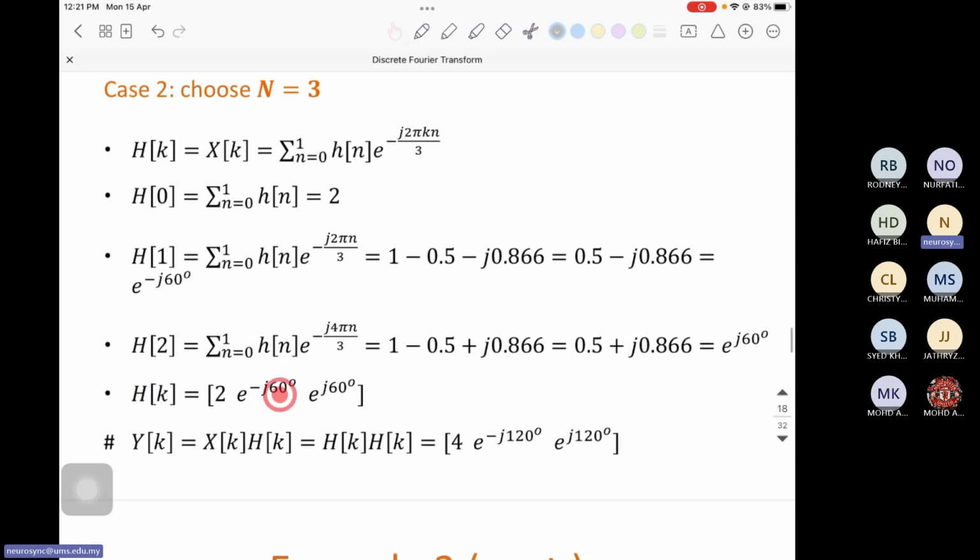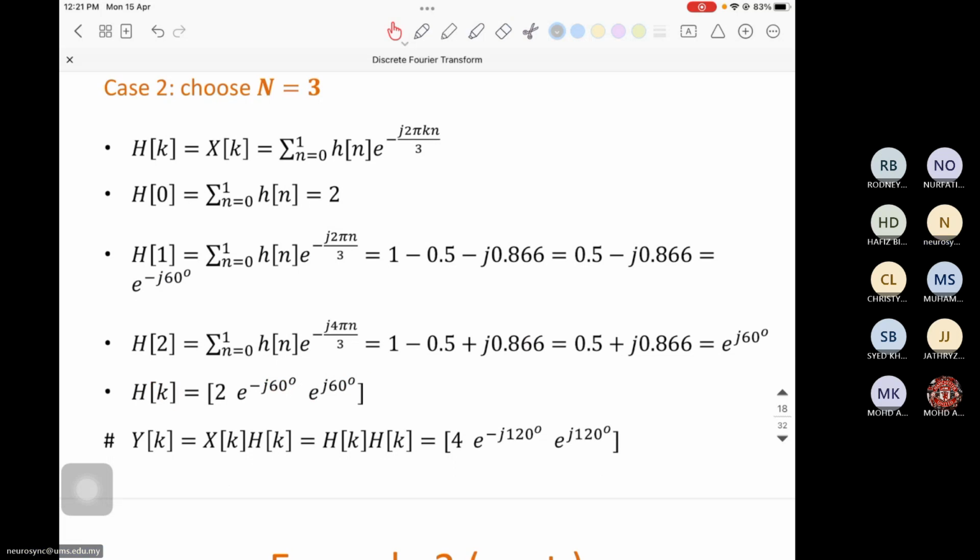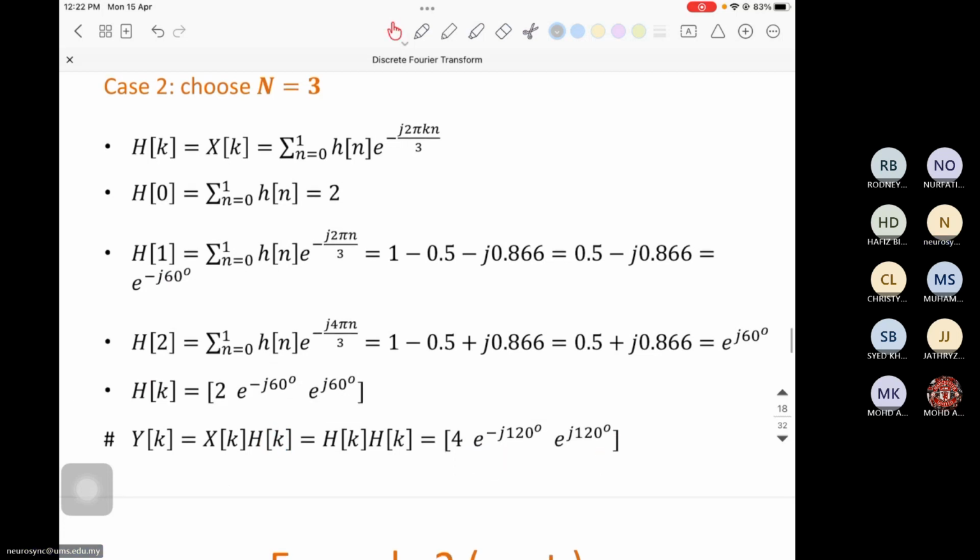Okay. So h of k you are getting this. If you want to calculate y of k, this is h of k into x of k, and this is equal to this.